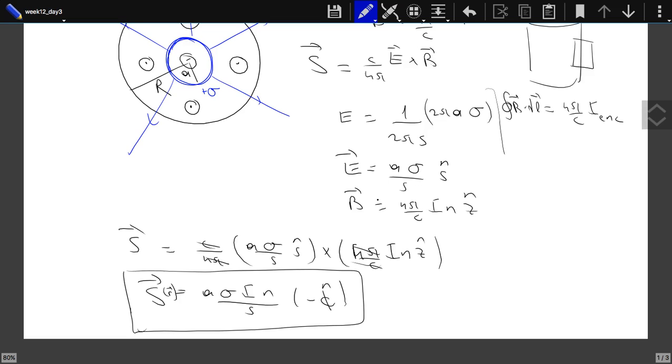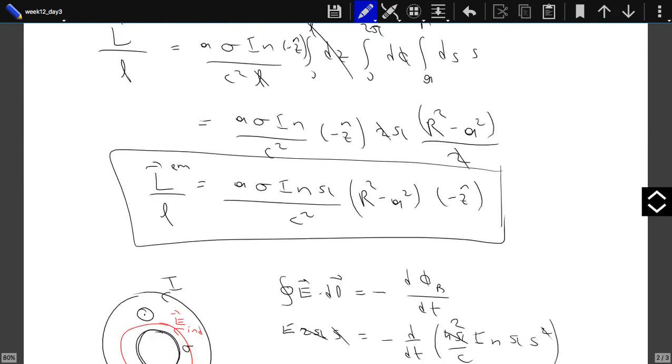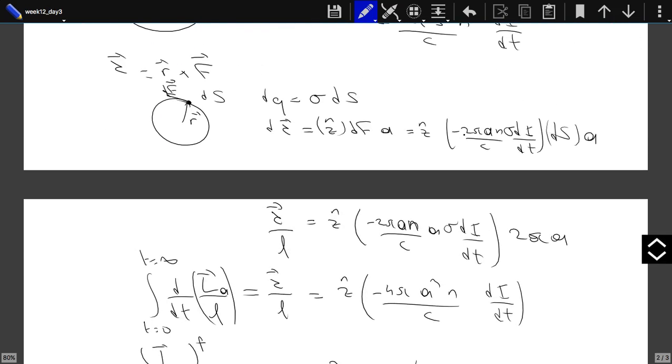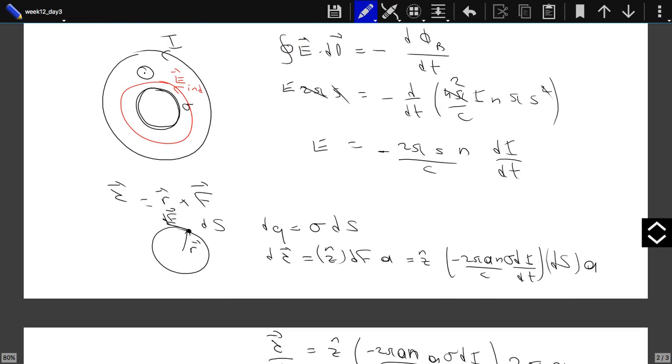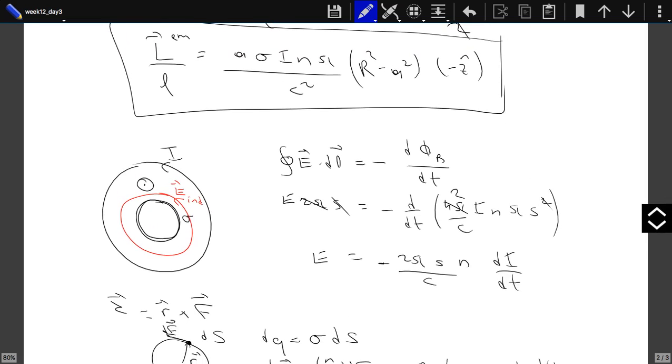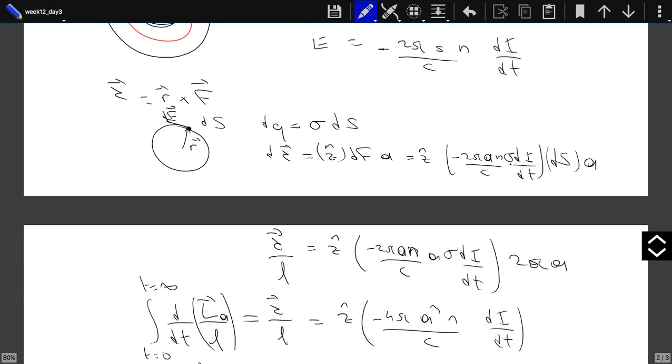The induced electric field is A sigma over S. So here I need to have the induced electric field in dF. No, this is the induced electric field, sorry. So here there is sigma. In the B field there's no sigma. There is a sigma because in dq there is a sigma. Yes.